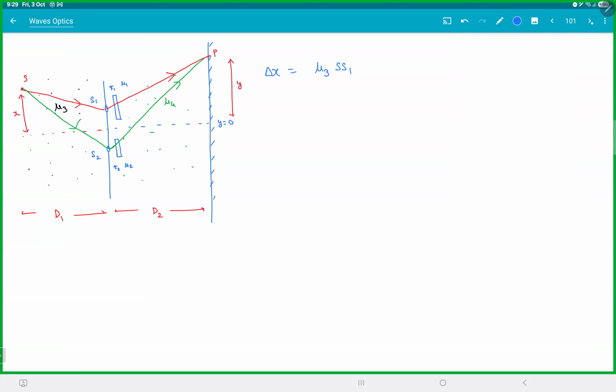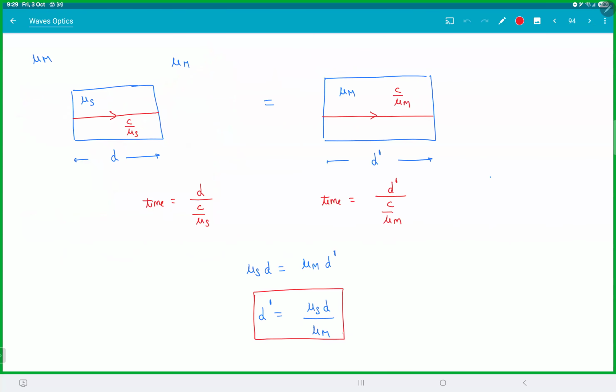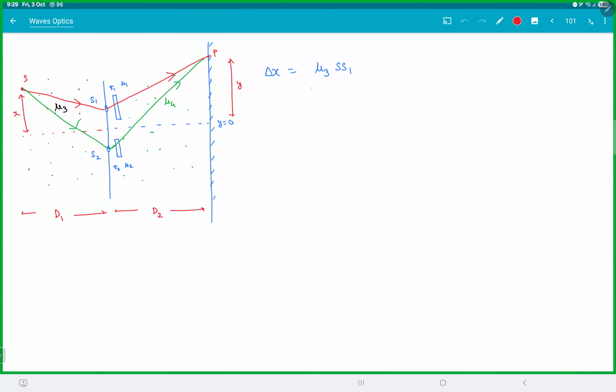Makes sense? You just have to multiply with mu in order to convert anything into vacuum. SS1 is the distance in a slab, isn't it? If you want to replace this with a vacuum, then it will become mu times d. Making sense? Because look at the formula here, what we got was mu times d by mu medium. If you're comparing this with vacuum, the outside is 1, isn't it? Mu medium is 1. The mu of the slab into d. So that is how you convert path differences. Multiply with mu medium.